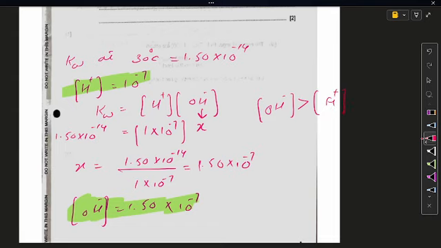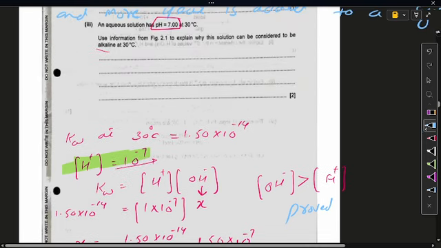I can compare also: this is 1 times 10 raised to the power negative 7, that is smaller, and that is 1.50 times 10 raised to the power negative 7, that is bigger. So OH negative ion concentration is greater than H positive ion concentration, so I can suggest it's alkaline. So it's proved. In this way you can show that.